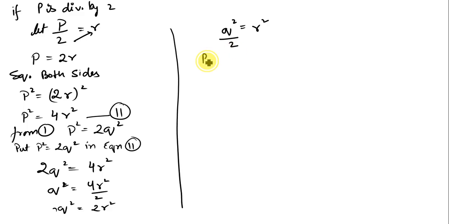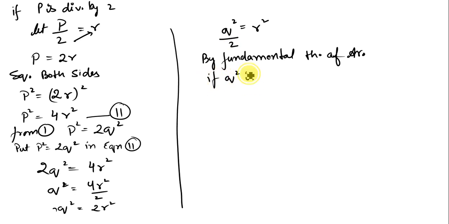Now again by the same property, by the fundamental theorem of arithmetic, if q square is divisible by 2, then q is also divisible by 2.